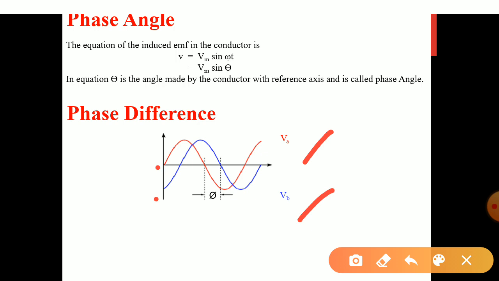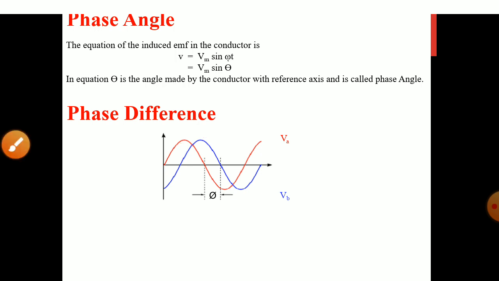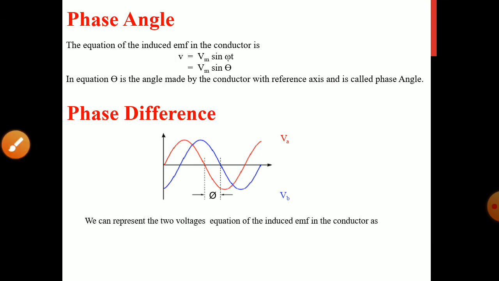Both VA and VB have the same frequency and the same peak voltage Vm, and mathematically we could represent them as follows.